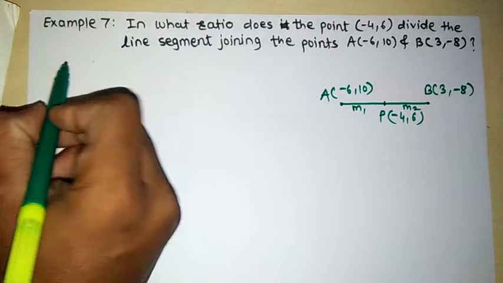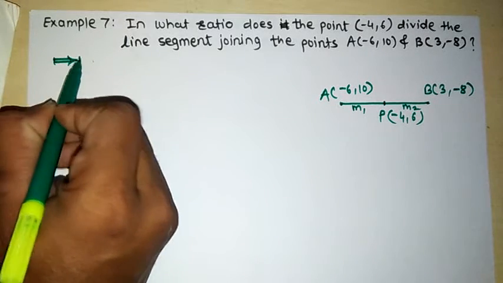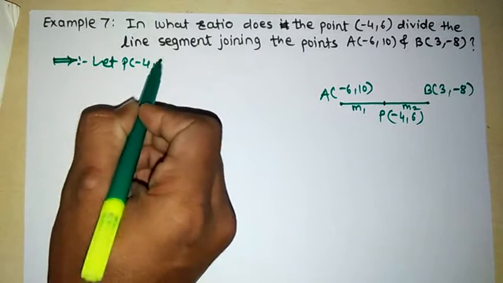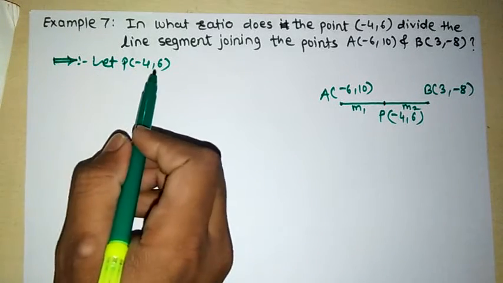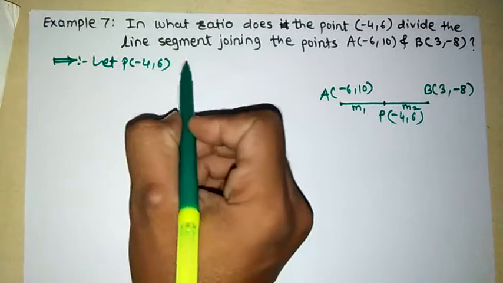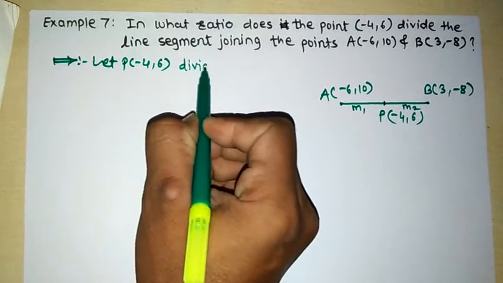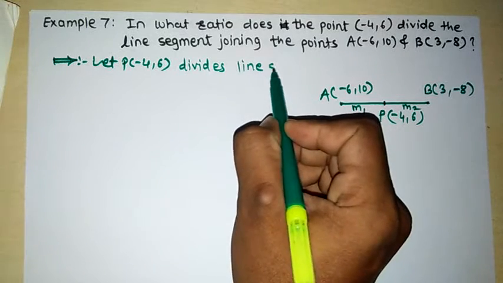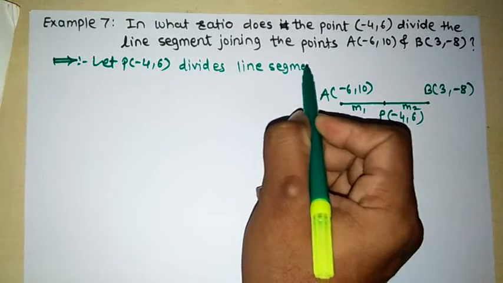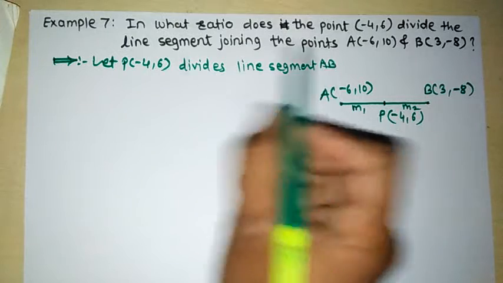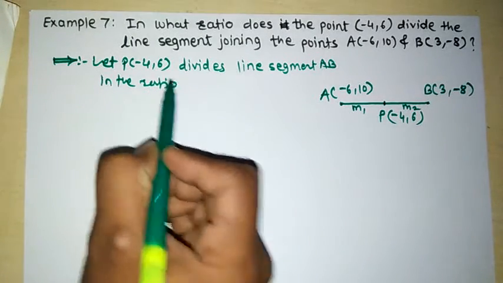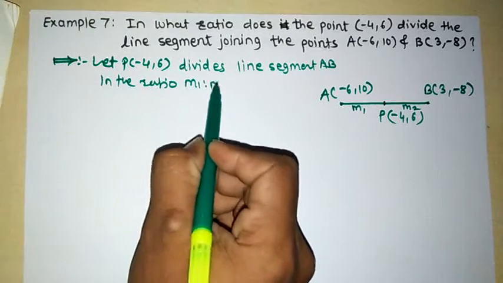See here, let P of minus 4 comma 6 divide line segment AB in the ratio M1 is to M2.